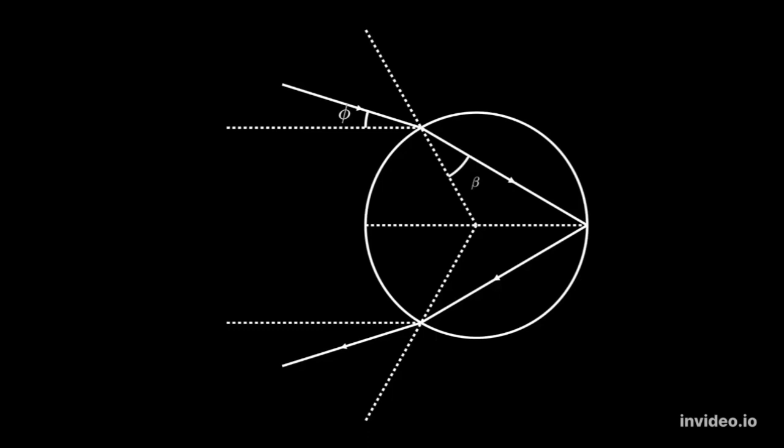Our goal is to use geometry to see the relationship between these two angles, because the angle of incidence is equal to the angle of reflection. With respect to its own normal line, we know that this angle is also beta. Now, something important to note about Snell's law is that it works regardless of which way the light is traveling. So if you don't mind, I'm going to surreptitiously reverse the direction of these light rays.